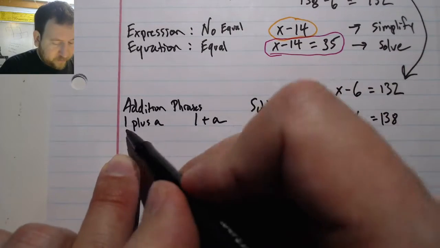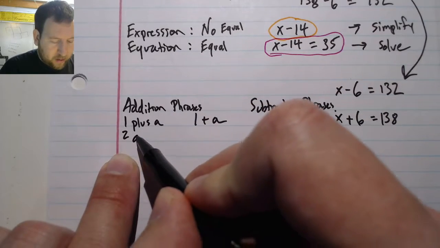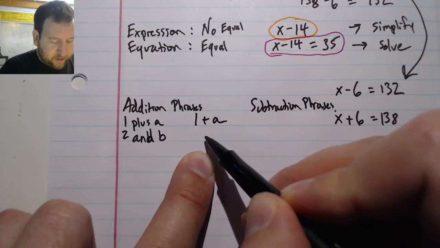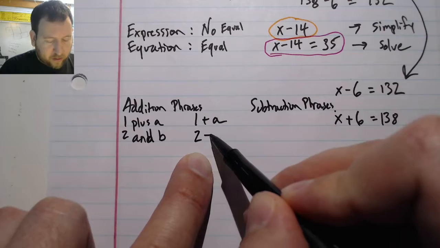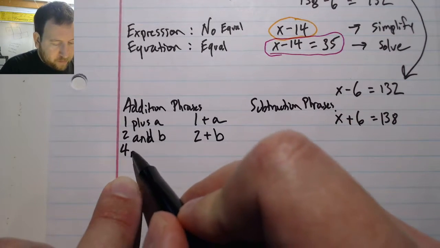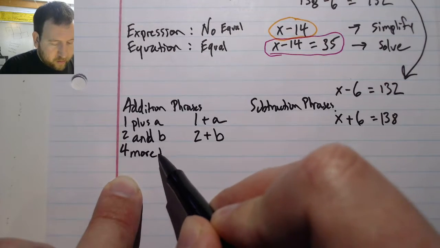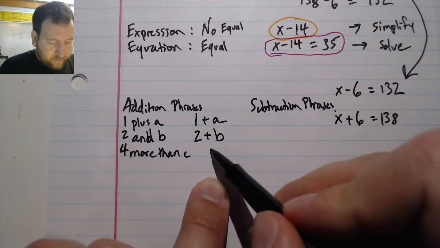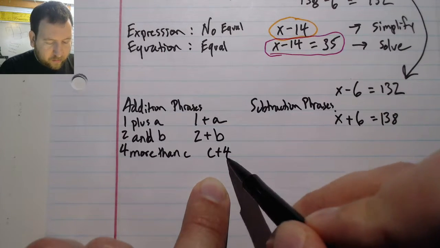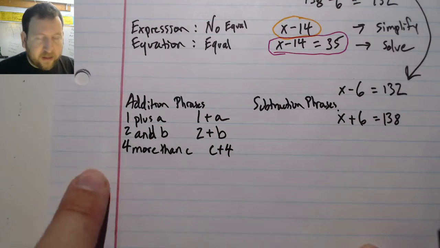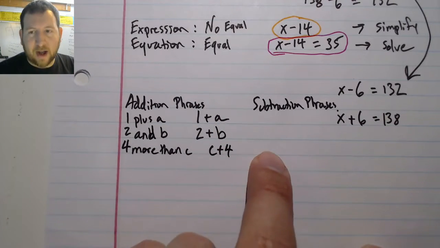If we see 2 and b, we can write this as 2 plus b. And 4 more than c is going to be c plus 4. Now, there's going to be some other things that we can see when we're doing addition, but these are the ones that are going to be very common.